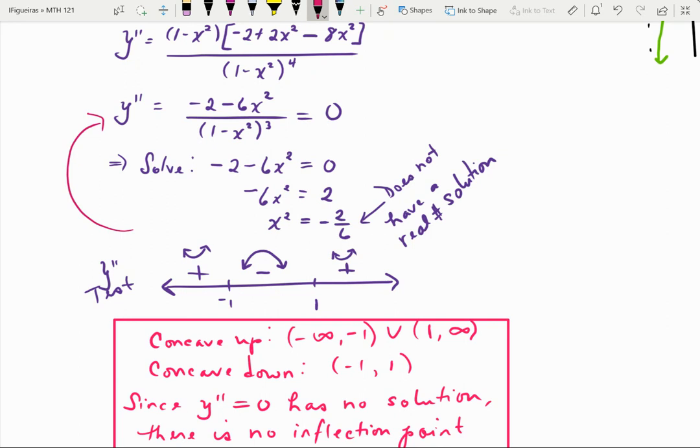If you pick a number between -1 and 1, the easiest choice is 0, and plug it in to the second derivative, you'll get a negative on top, a positive on the bottom. That means it's a negative result, which means the original function is concave down. And then if you pick something greater than 1, like 2, you also get a positive result. So it's also concave up from 1 to infinity.